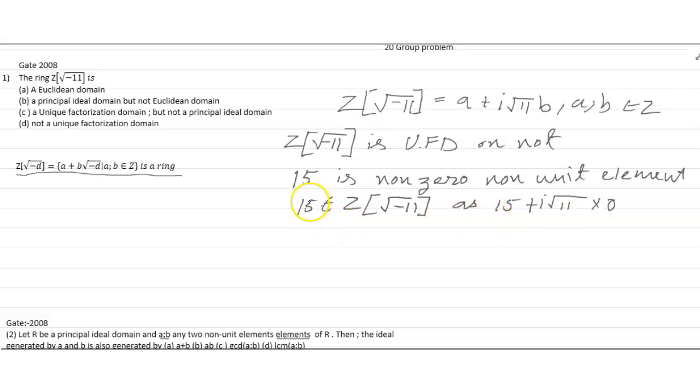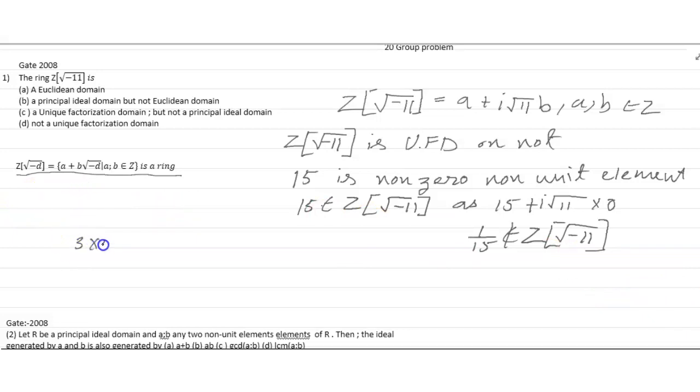So 15 belongs to Z[√-11], and 1/15 does not belong to Z[√-11].